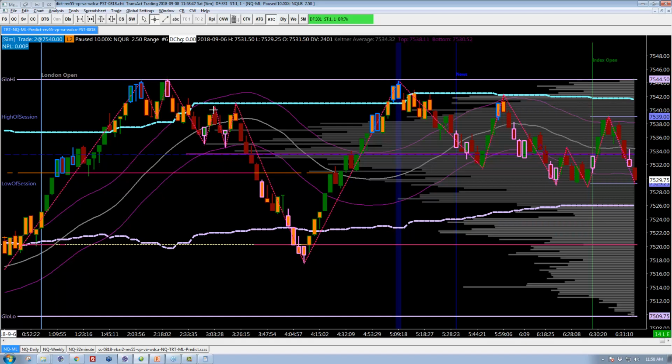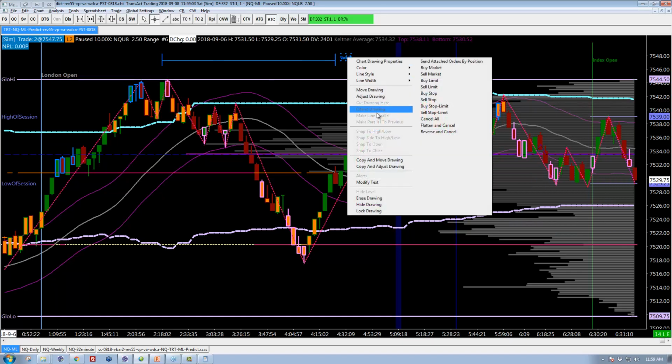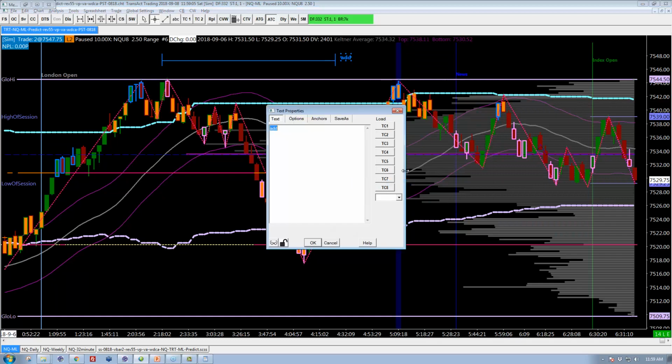There is a spectrum between totally deterministic and totally random. If this side here is totally random, that would be equivalent to rolling the dice.